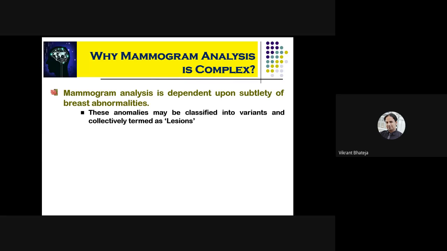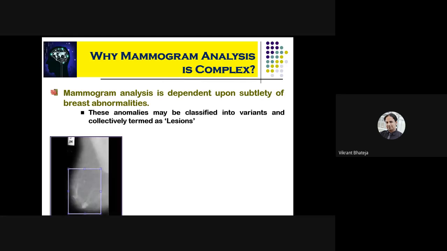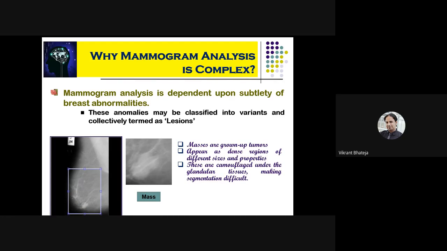But in biological or radiological terms, you classify these tumors technically as lesions, and you have a variety of different types and shapes of lesions, and each particular lesion is indicative of a different type of investigation or diagnosis. Because of this variety of abnormalities, it becomes difficult to analyze these images. You can see the image of a mammographic mass.